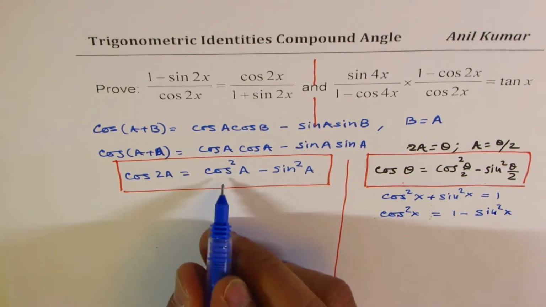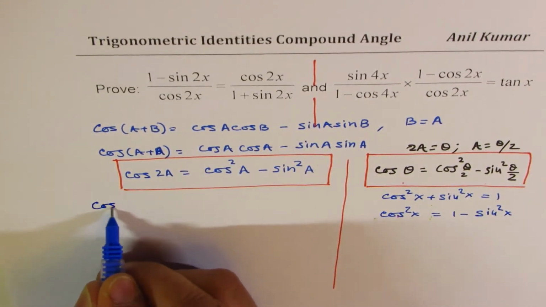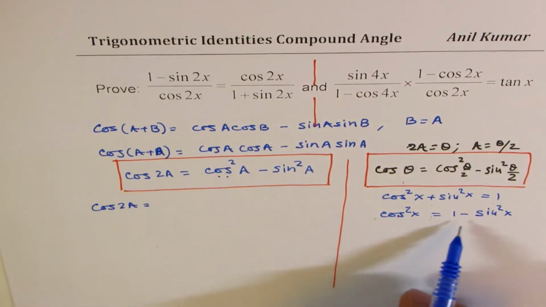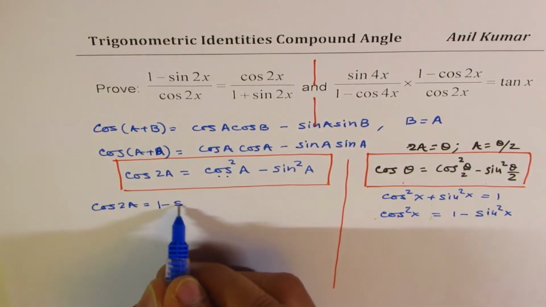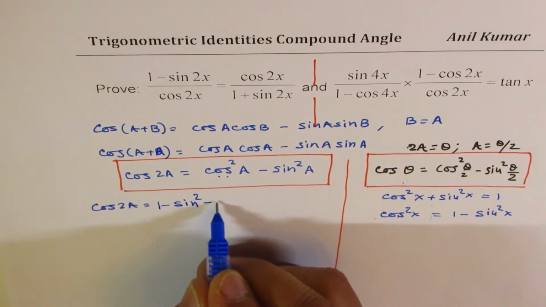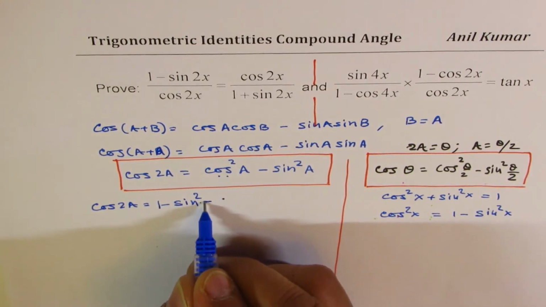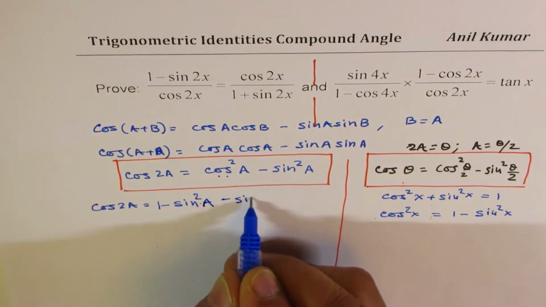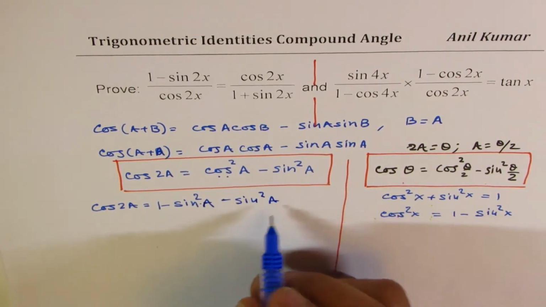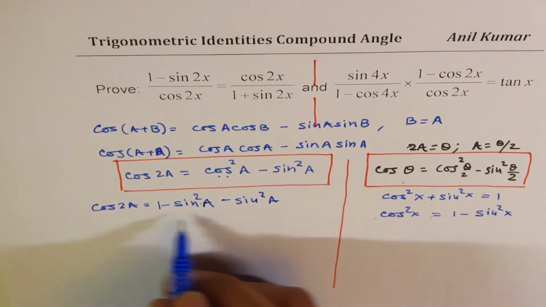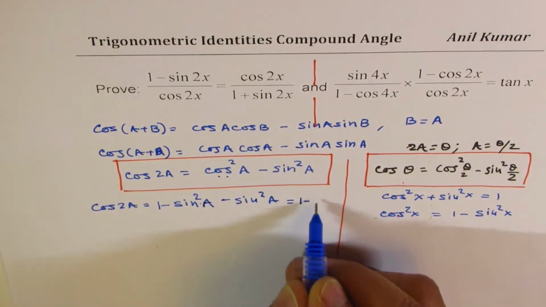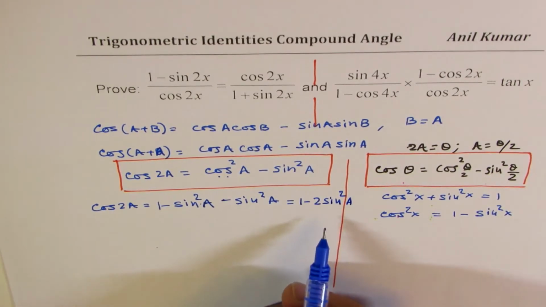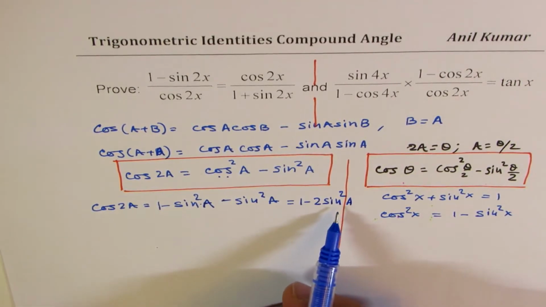So if I do that substitution here, I get cos 2a equals, substituting cos square a with 1 minus sine square a, minus sine square a, and we have minus sine square a already there. We get the formula that cos 2a is equal to 1 minus 2 sine square a, right?